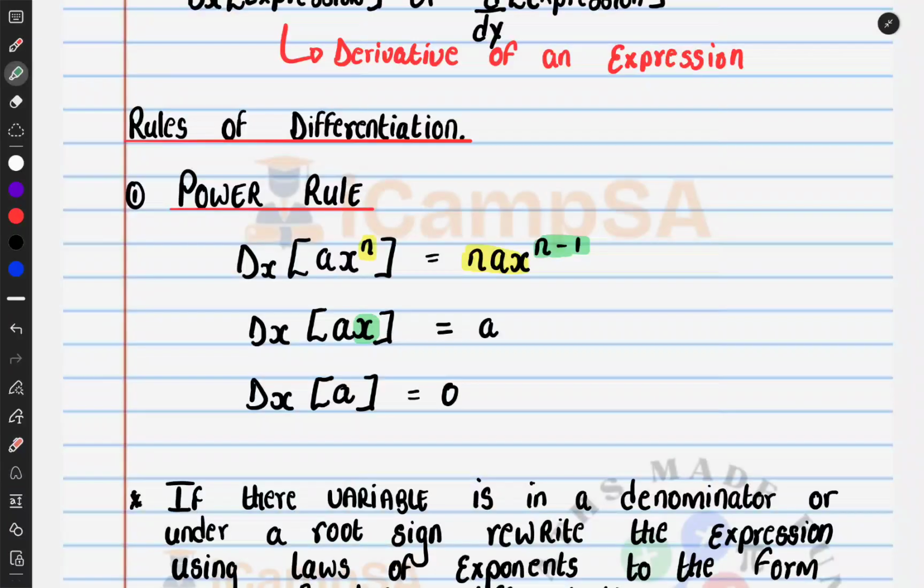And then when we just have a constant, we don't have a variable, we are differentiating this expression with respect to x, but we only have a constant of a. What happens there? The derivative of a constant is always equal to 0.